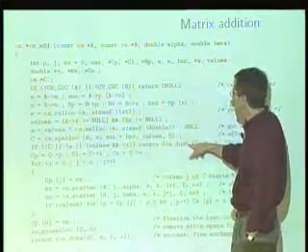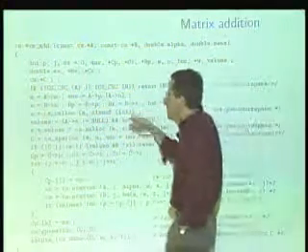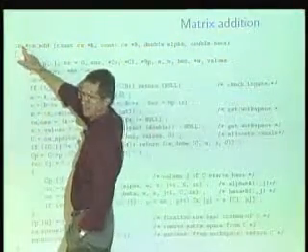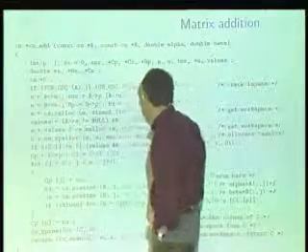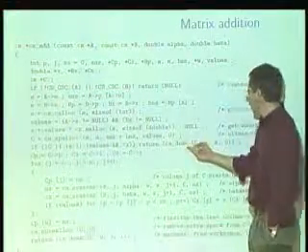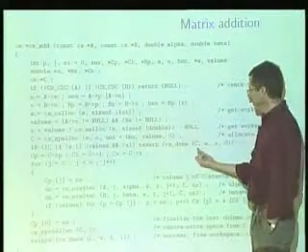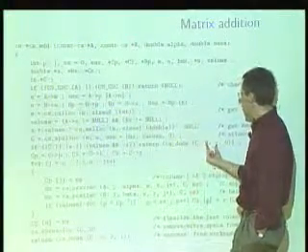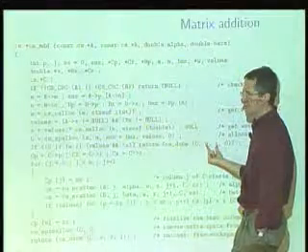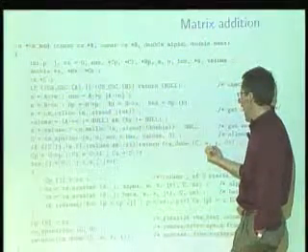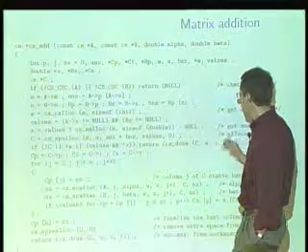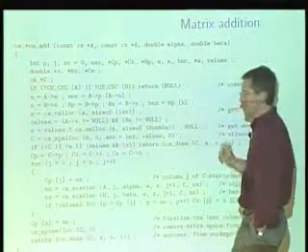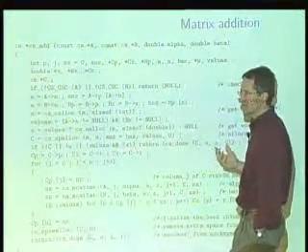CS done returns a null pointer to a sparse matrix, a CS star type. And CS done takes 3 input arguments. It takes this return value of the sparse matrix, and it takes in 2 workspaces of type double. What it does on 0 is it frees all 3 and returns null, which is what you want to do.